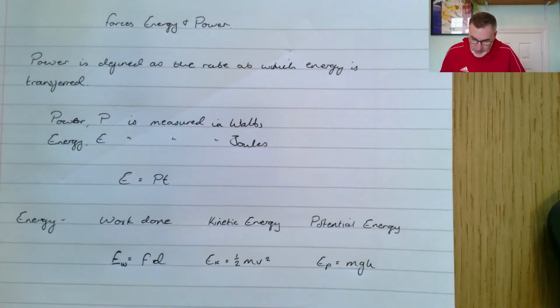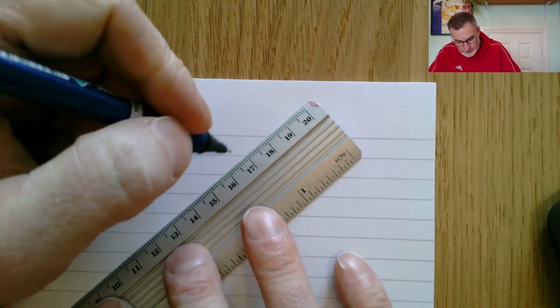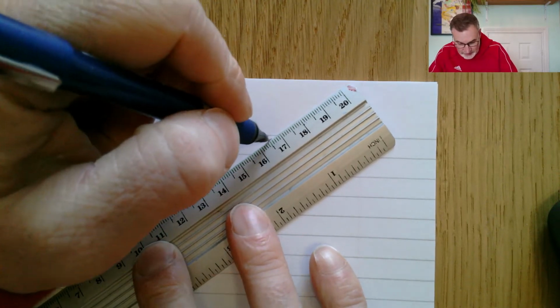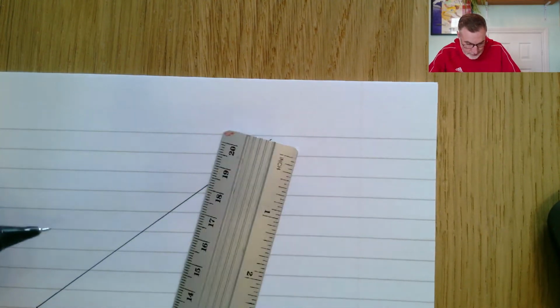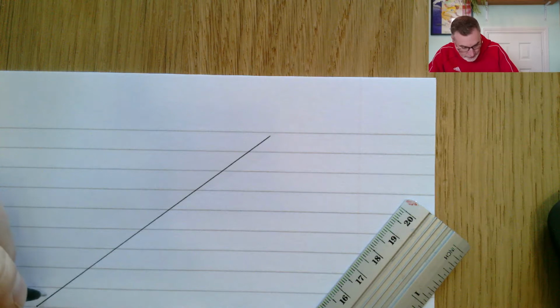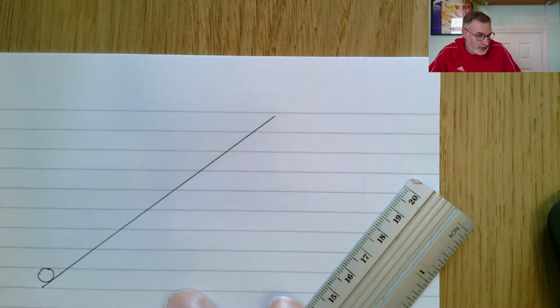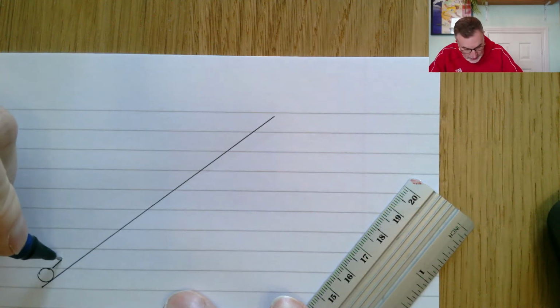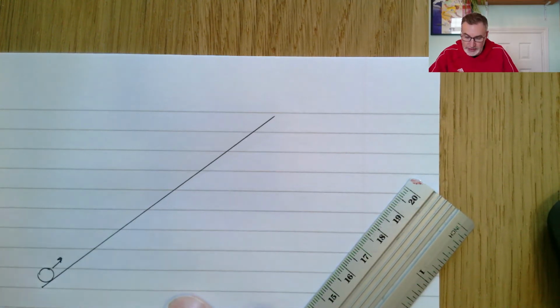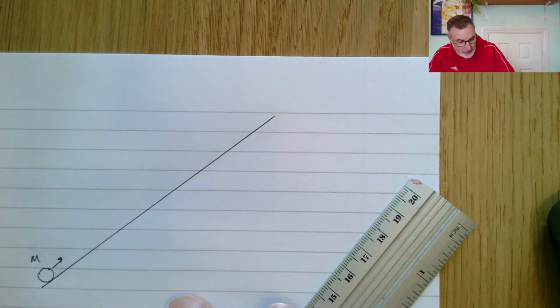So if we look at this in a kind of practical example, let's have an object, and if you're going to push an object up a hill, the object will have a mass of m.